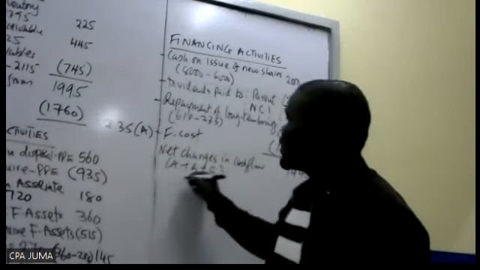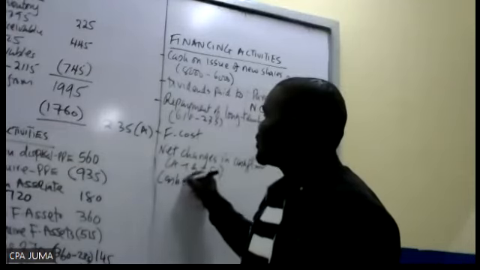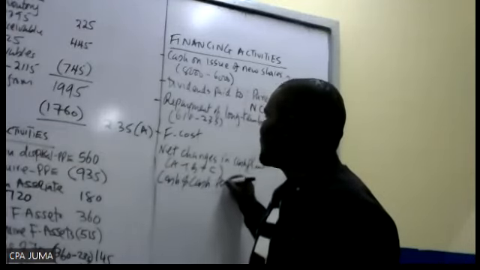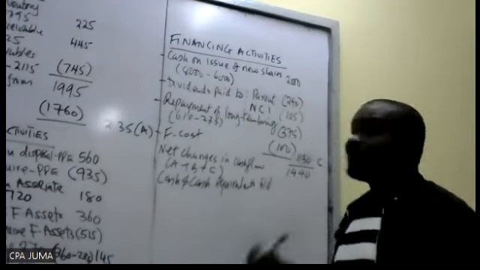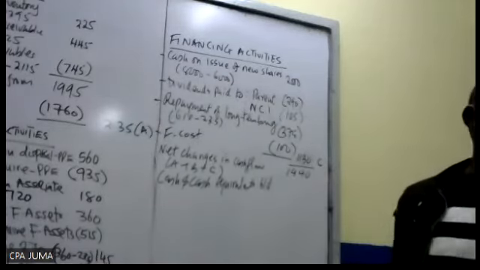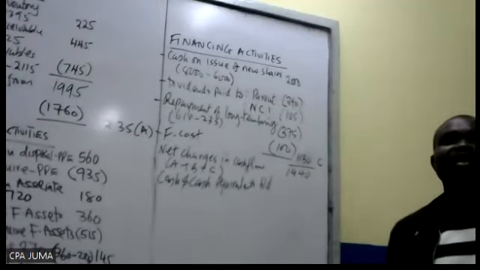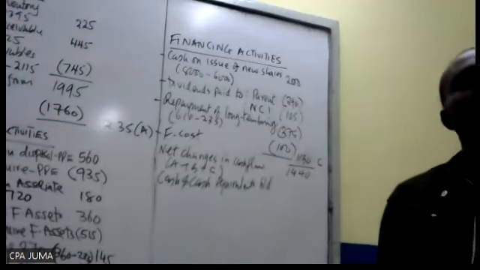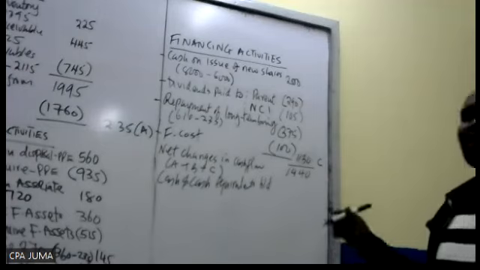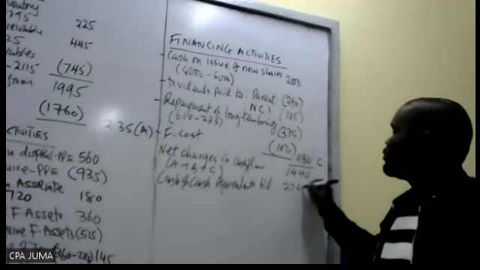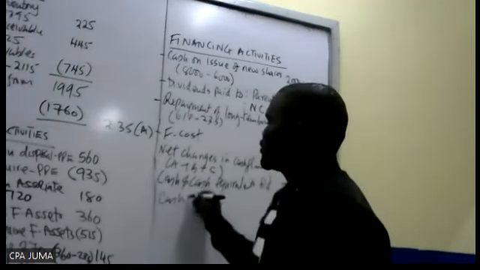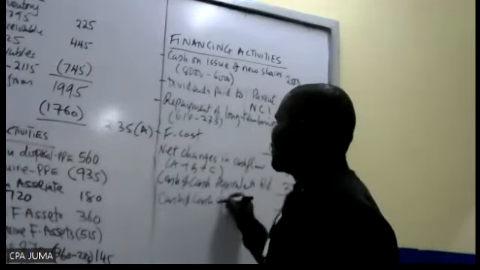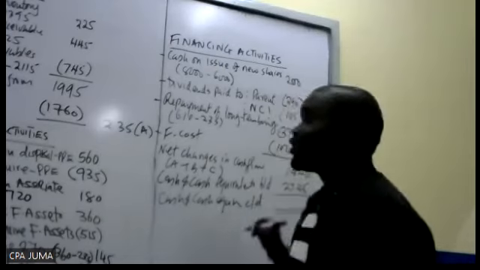You come here and say cash and cash equivalents. Cash and cash equivalents brought down. How much? Check current assets. Check your current assets. How much is the cash and cash equivalents in 2020? 27.45. So that we get cash and cash equivalents carried down.